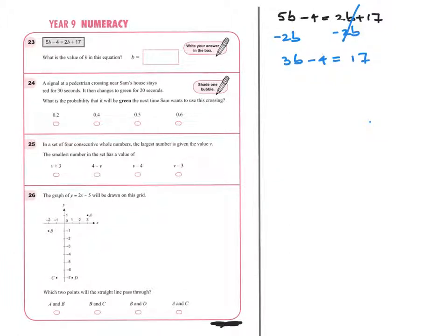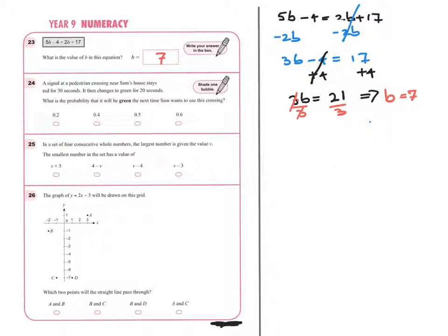And now we're gonna move negative 4 to the other side by adding plus 4 on both sides, so we are left with 3b equal to 21. We need only 1b, so we're gonna divide both sides by 3, because 3 divided by 3 is 1b, and that's what we want. So therefore b is equal to 7. So 7 is our answer.